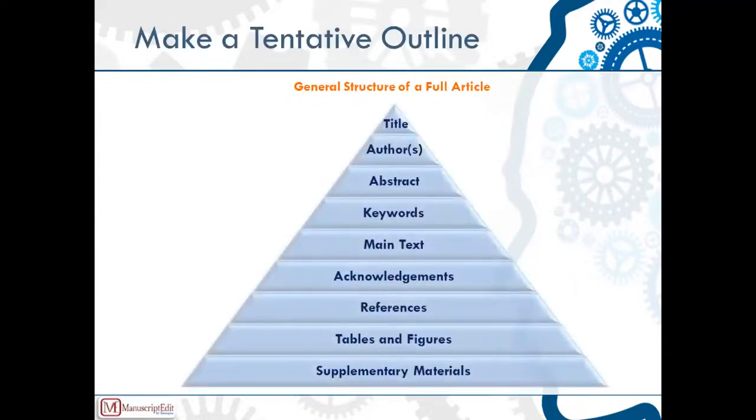Now, this is basically a general structure of a full article, which contains a title, then the list of authors, abstract, keywords, main text, acknowledgements, references, tables, and supplementary materials.